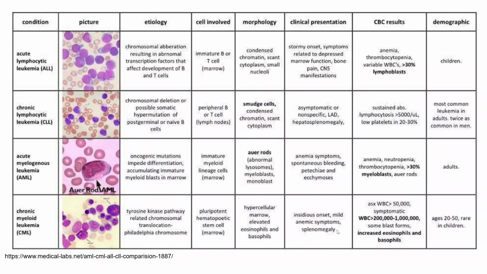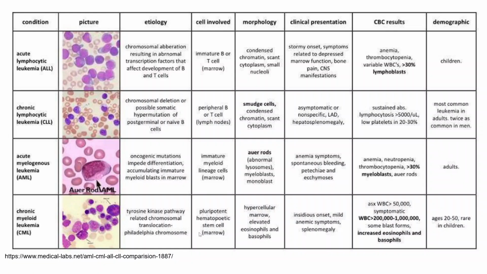The onset is insidious. Mild anemic symptoms and splenomegaly are the major clinical signs. The peripheral blood shows a very high WBC count, more than 2 lakhs, or even 10 lakhs. Blast forms may be seen, and eosinophils and basophils are raised. It is more frequent at the age of 20 to 50, and rare in children.